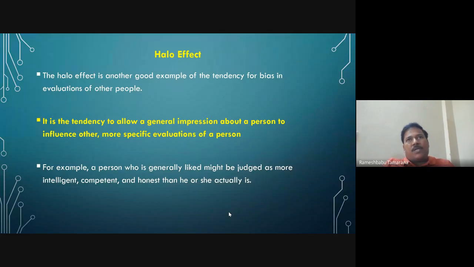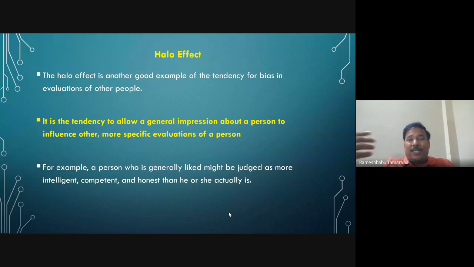Say, for example, all of us like some individual, probably a person who is generally liked in our offices, our working places, or in our families. The tendency is that a person who is generally liked by several people might be judged as more intelligent, more competent, and more honest than he or she actually is. This is the halo effect.